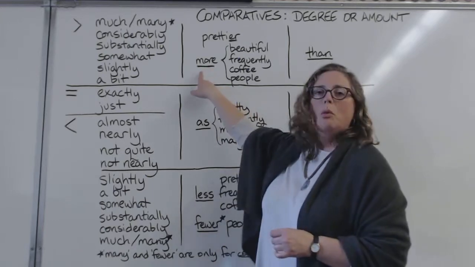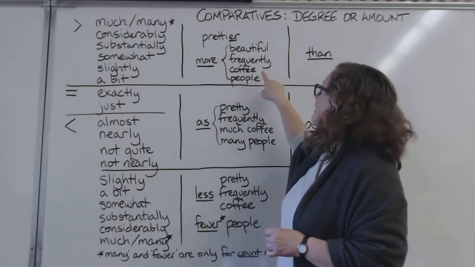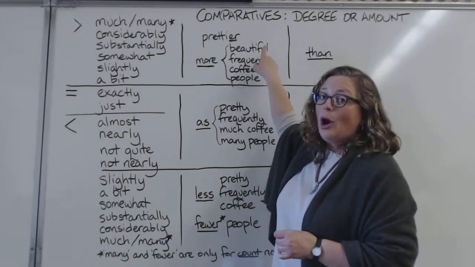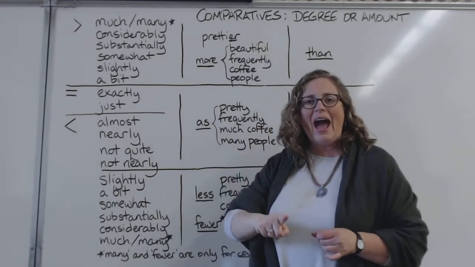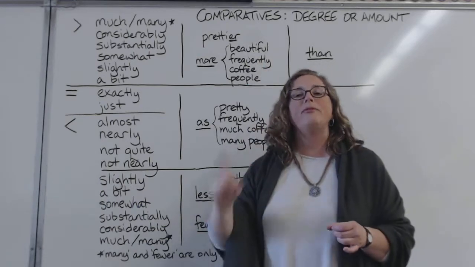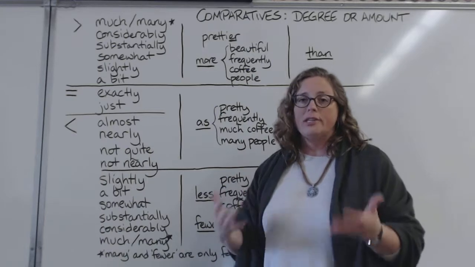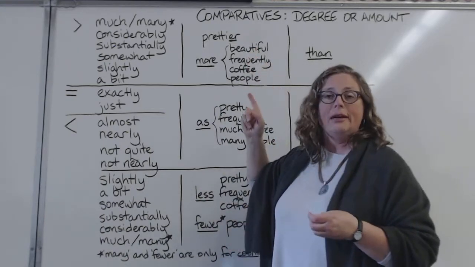We also use more with adverbs and nouns. You hopefully know that adjectives describe nouns and adverbs describe verbs. So if I want to describe a chair, which is a noun, that's going to use an adjective.